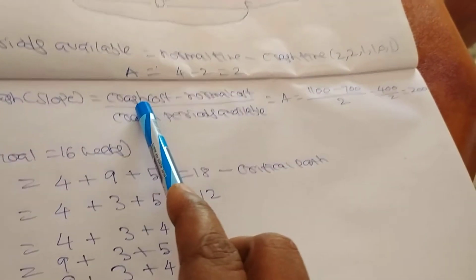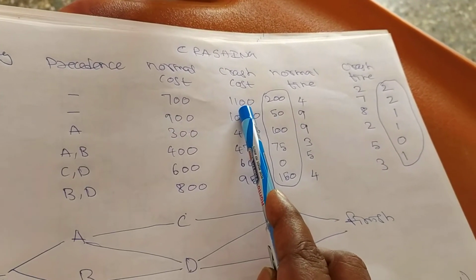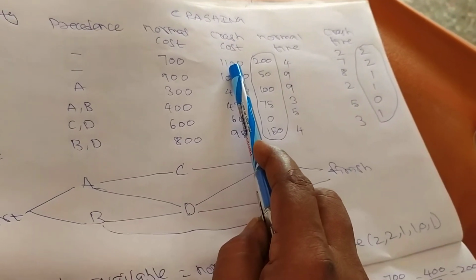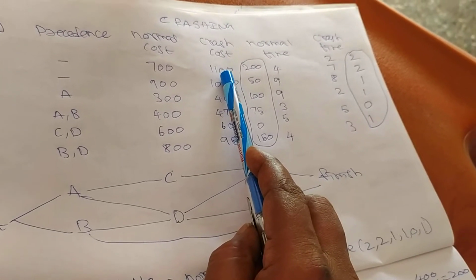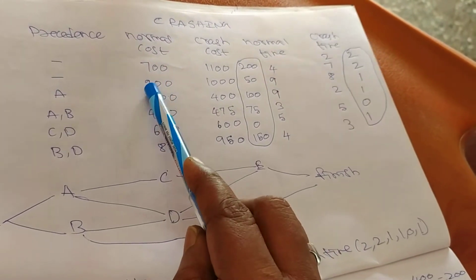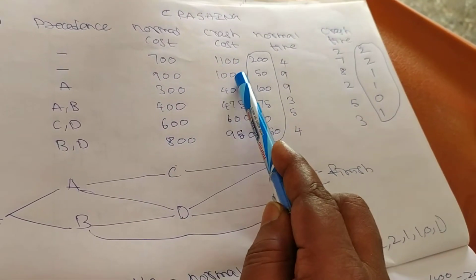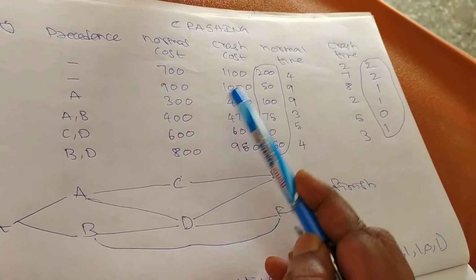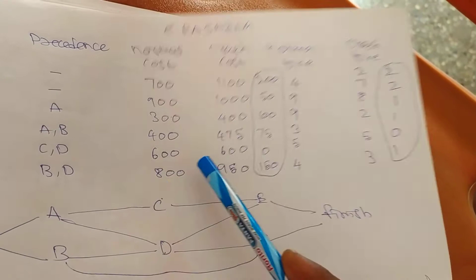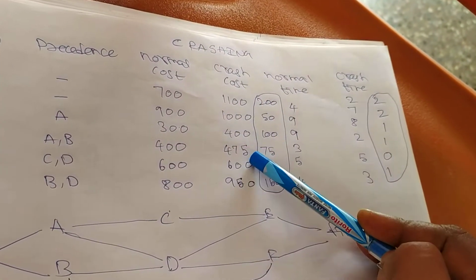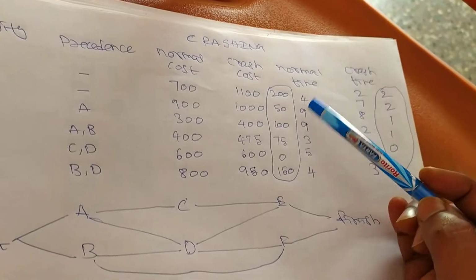Crash cost is 1100 for A. Here A 700, here 1100, here 900, 1000, 300, 400, 400, 475, 600, 600, 800, 950. The crash cost is more than or equal to the normal cost.